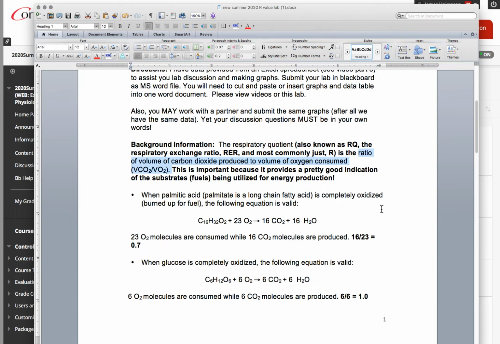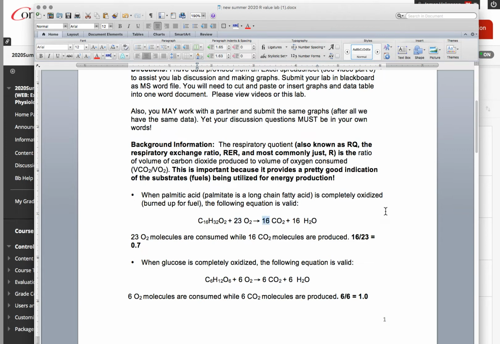Let's look at two examples. One example is using a fatty acid called palmitate, sending it into the mitochondria where it's completely oxidized. It's completely burned up. The equation to burn up this fatty acid palmitate, a big long chain fatty acid with 16 carbons, would take 23 oxygens, and it would produce 16 CO2s.